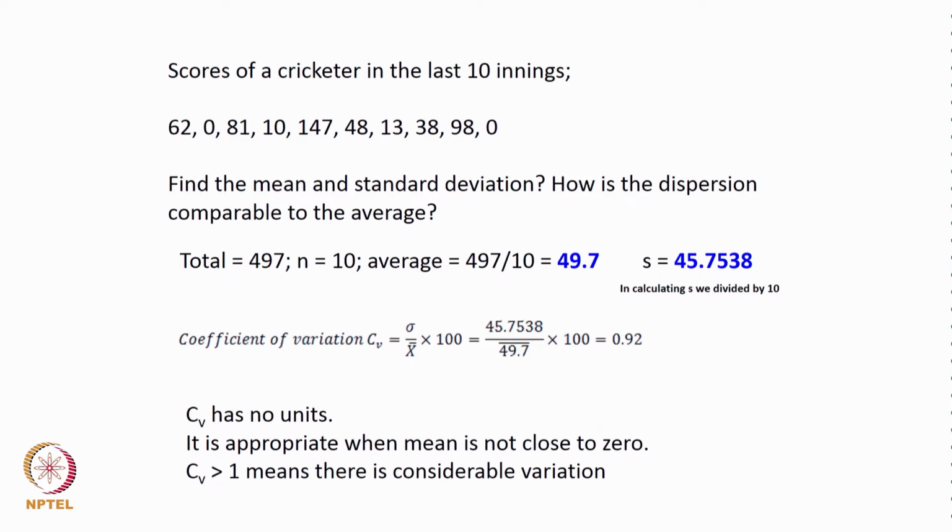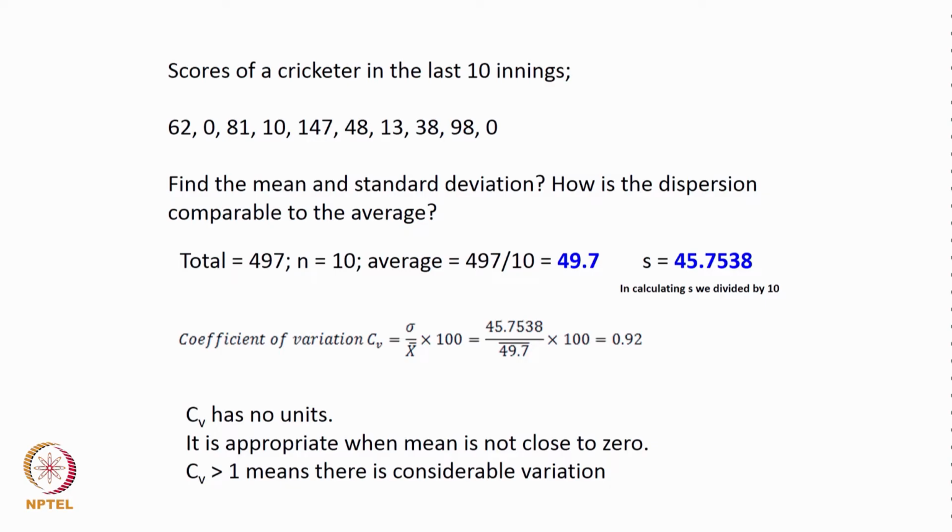In this case that ratio sigma by x bar is 45.7538 divided by 49.7, and that gives us a value of 0.92, and when multiplied by 100 we would get 92%. So, sigma by x bar is a measure that we define now, which compares the dispersion with the average.